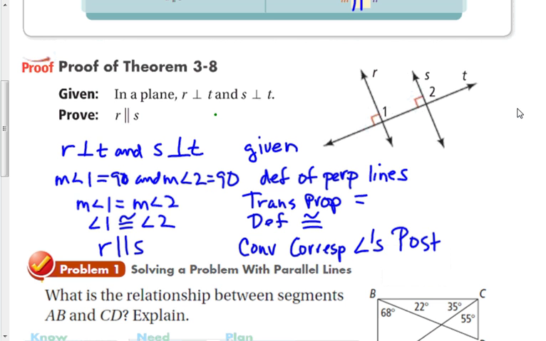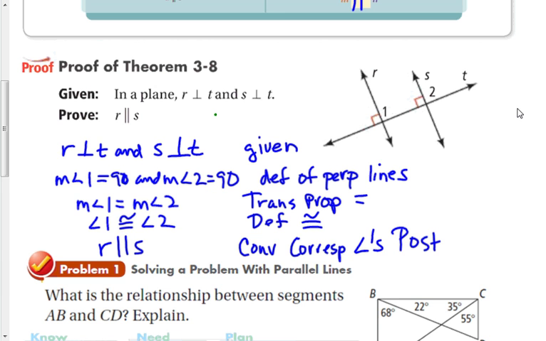This is just a quick little proof of theorem 3.8, and you can write it down if you want some more examples, but it's not in your packet. This is the theorem that says if you have two lines that are perpendicular to the same line, then the two lines are parallel. We're given that R is perpendicular to T and S is perpendicular to T. That means the measures of angles 1 and 2 are both 90 by the definition of perpendicular lines.